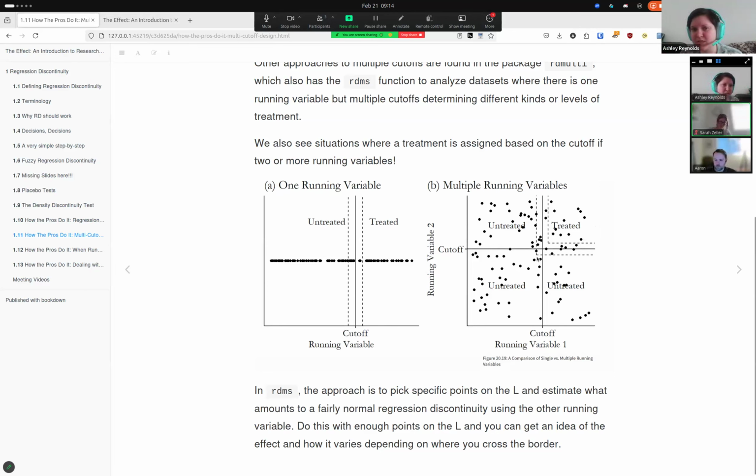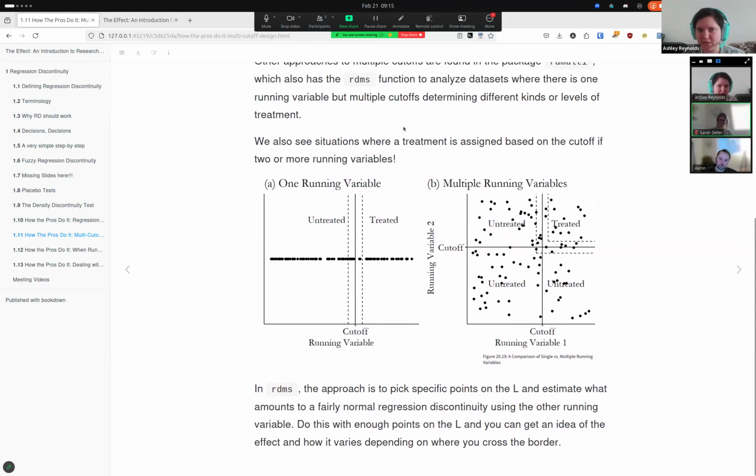Basically, what this means is that instead of having a single vertical cutoff axis, we have a vertical cutoff axis and a horizontal cutoff axis on a biplot, and we need to figure out a way to get our bandwidth to make this L shape that determines what the two different cutoff values are.